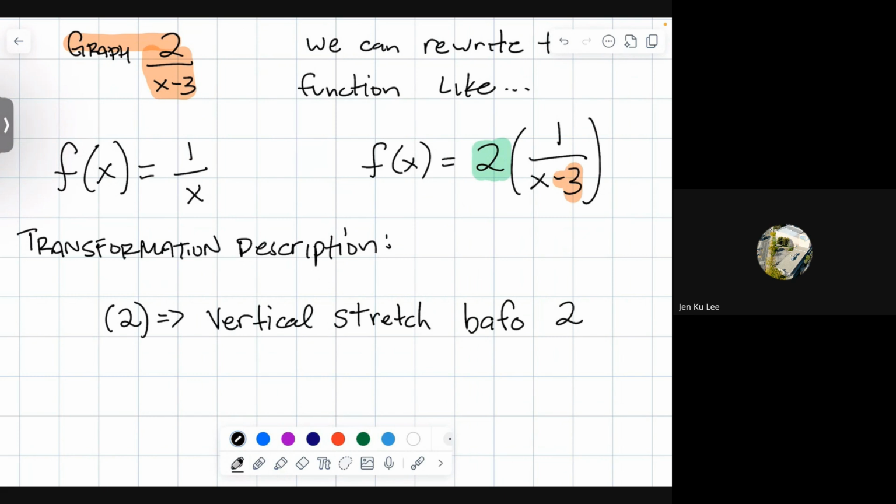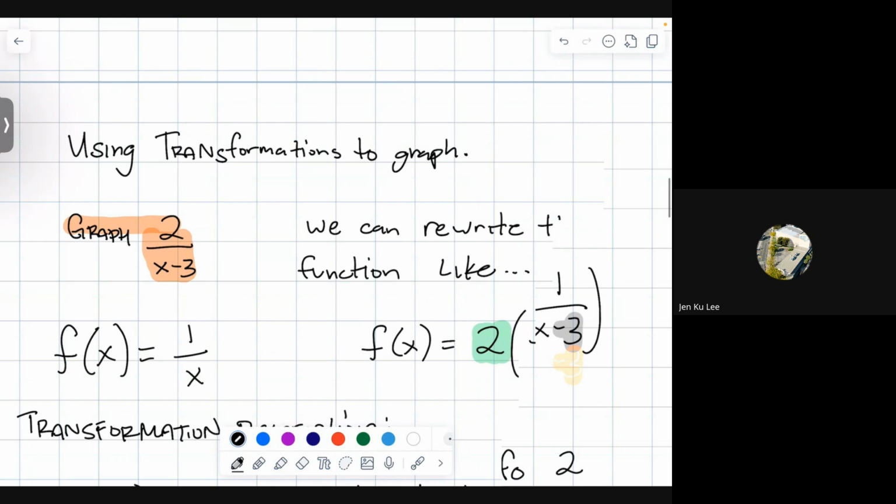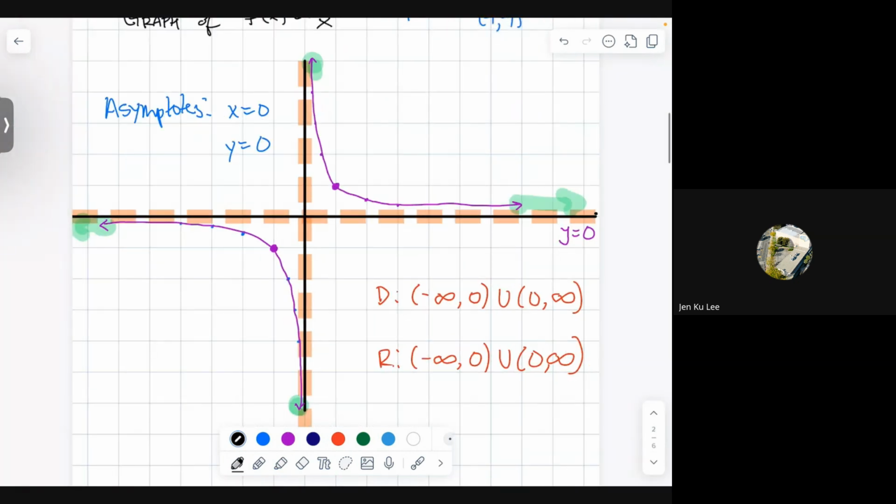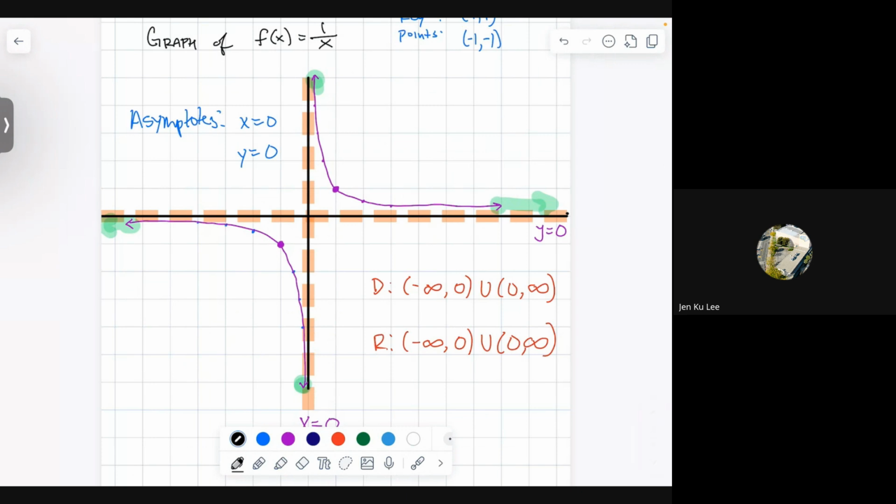Does a vertical stretch affect the asymptotes as well? Let's talk about our asymptotes first in terms of transformations. You guys see the y equals 0 and the x equals 0 line, right?